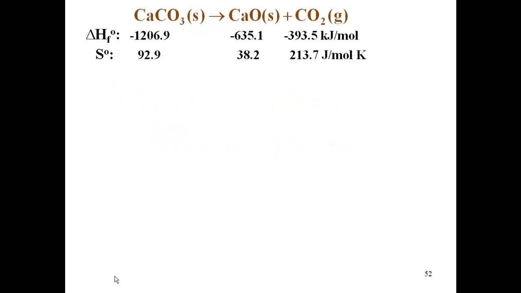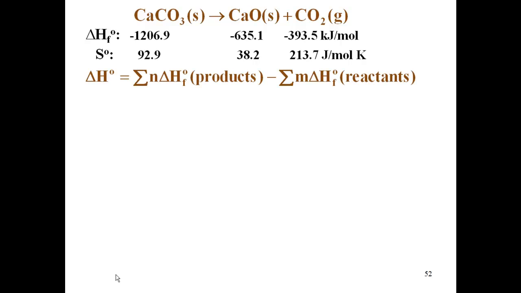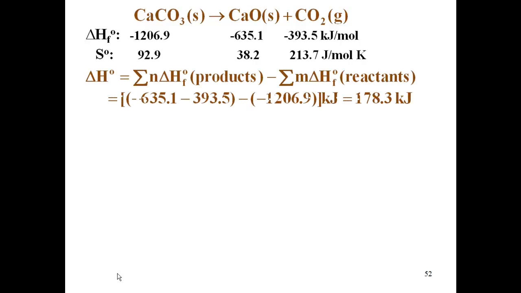So for my delta Hf, law of summations of products minus reactants, I get negative 635.1. Now realize that these are all 1-to-1 moles, so it's understood that I have 1 mole in here. I didn't write it for each one. They cancel out, so I didn't bother to do the 1 mole. So I have 1 mole of calcium oxide times negative 635.1 kilojoules per mole.